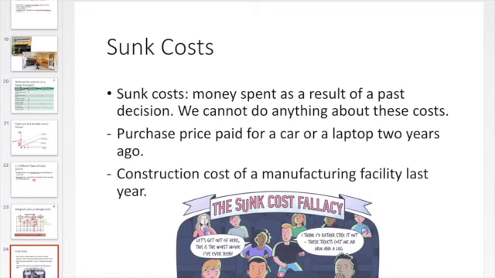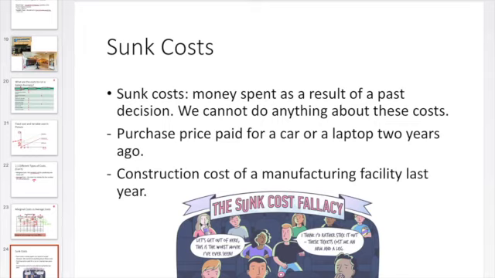All right. The next concept of cost is called sunk costs. This is a very interesting concept. Sunk cost is the money you spend as a result of a past decision. So that's something you cannot change for making the current decision. It's like the purchase price paid for a car or a laptop 2 years ago.